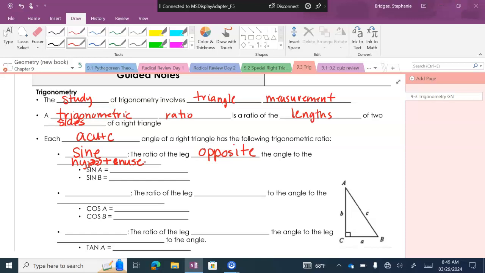Label it. We say we don't know. And then erase it for the next one and relabel.